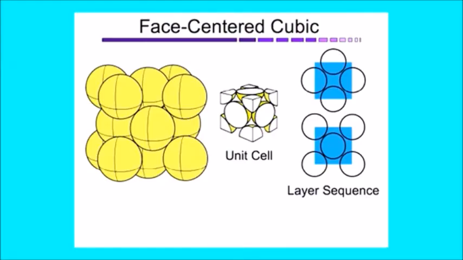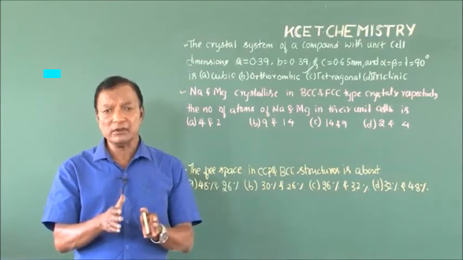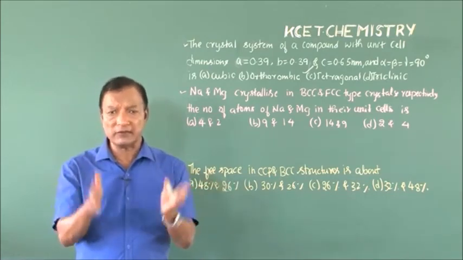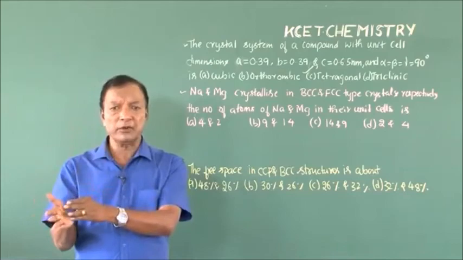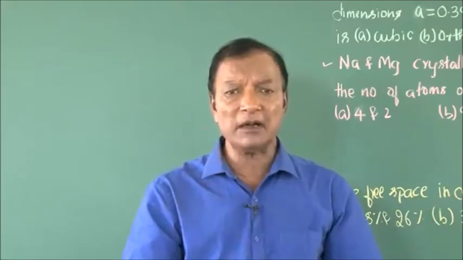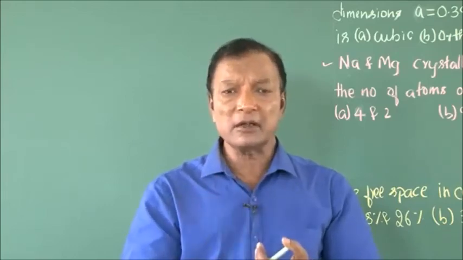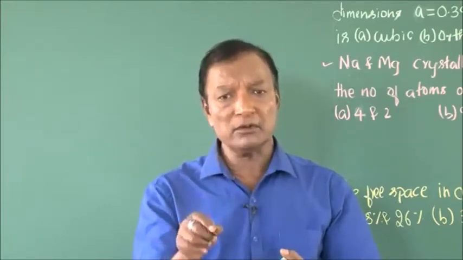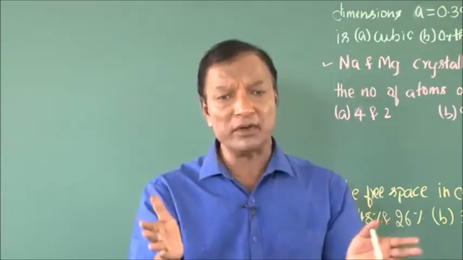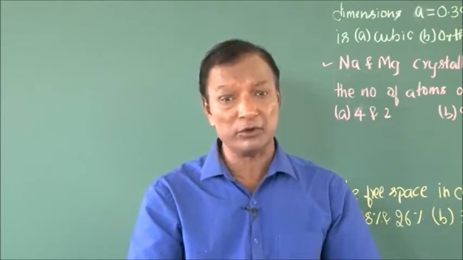While the face-centered lattice point contributes 1/2 of the particle to that unit cell, because a face is common to two unit cells. Therefore, per face, per unit cell, contribution will be 1 by 2. And the edge-centered particle makes a contribution of 1/4 towards the unit cell, because the edge is common to 4 unit cells. It has to be shared among the 4 unit cells.